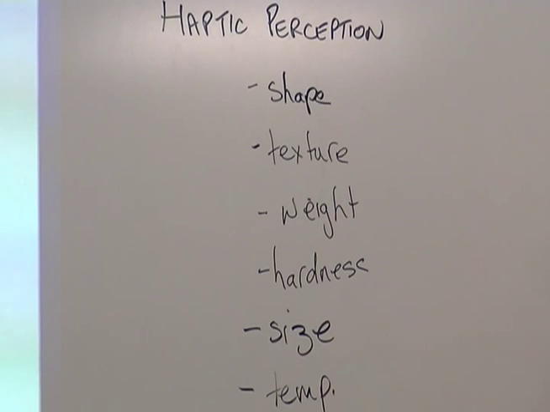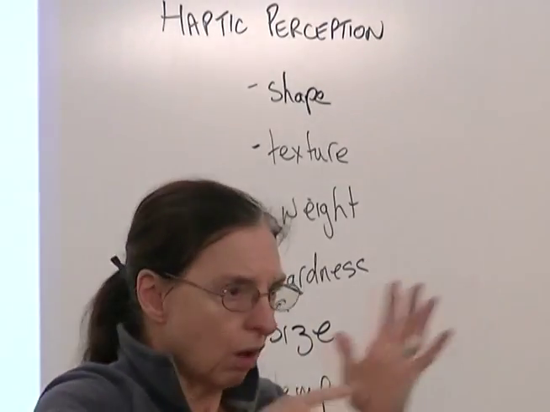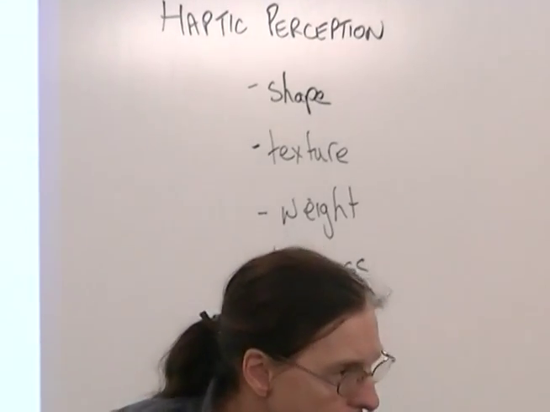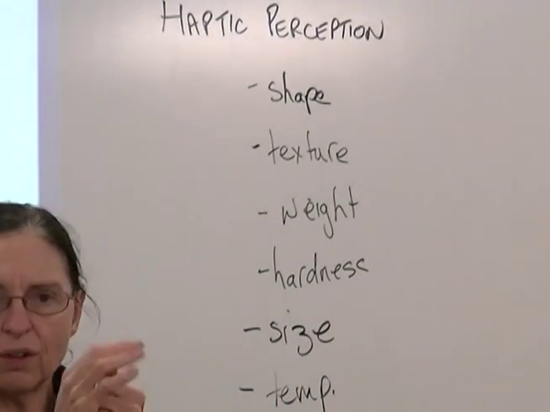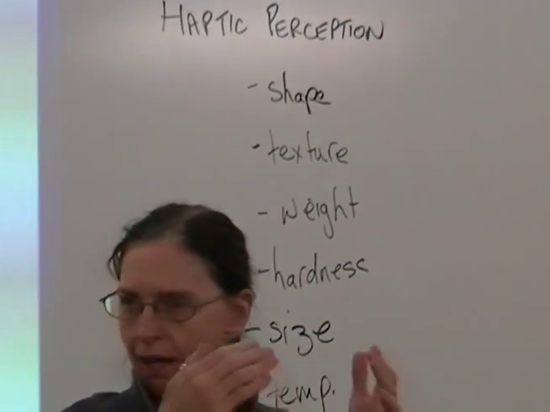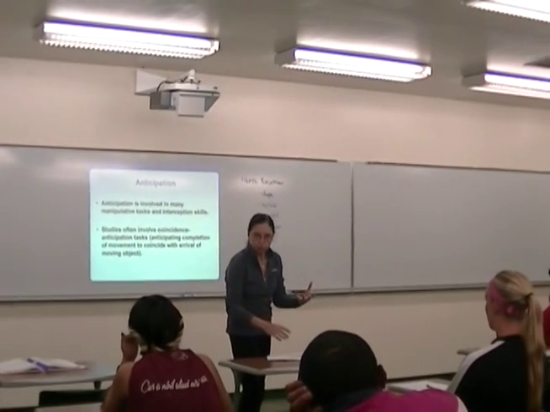So a lot of what you see children on the playground doing is some of the young ones still putting things in their mouth. They might squeeze it or poke it with their finger or rub it on them, right? Because all those different kinds of actions give the brain information that helps them learn properties of objects.